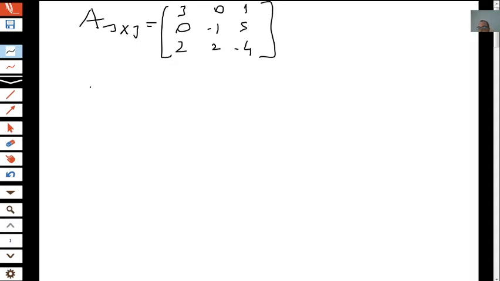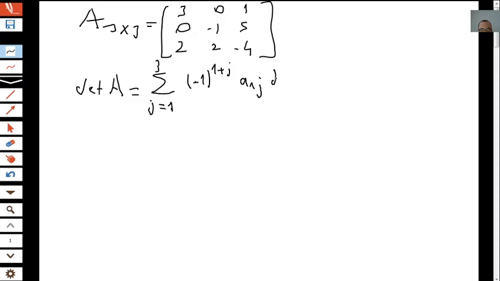And the determinant of the matrix A is given by, according to the formula, the sum for j from 1 to 3 of minus 1 to the power 1 plus j, a1j, determinant of bigger A1j.